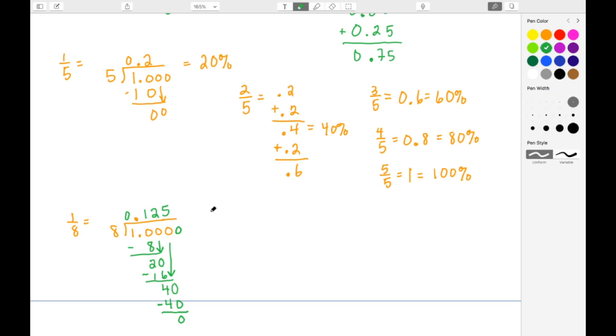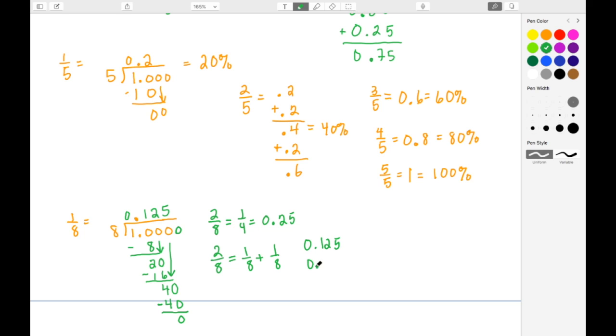So if I were to do 2/8, well, first off, 2/8 can be simplified down to 1/4. So we know the answer should come out to be 25/100ths based off of the information that we did earlier. If we didn't remember that, again, we know that 2/8 is the same thing as 1/8 plus 1/8. Well, we just said that 1/8 is 125 thousandths.